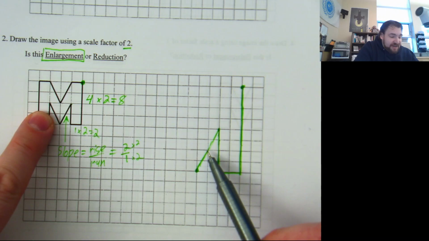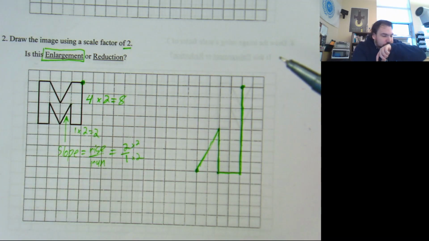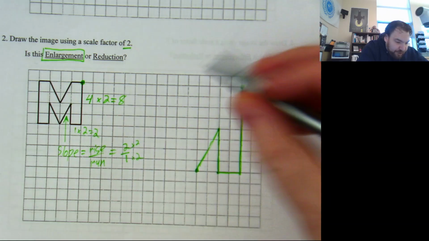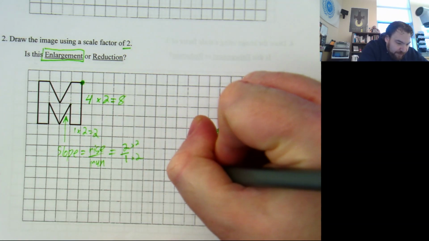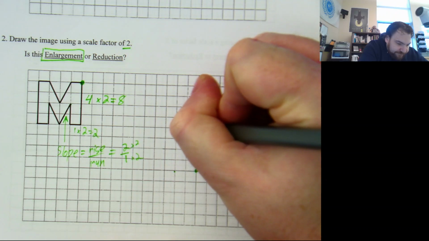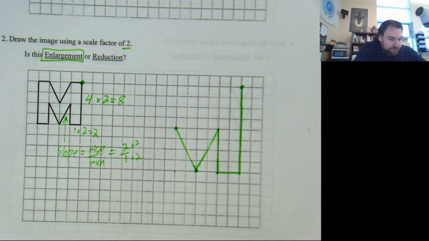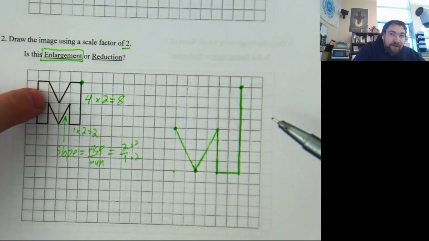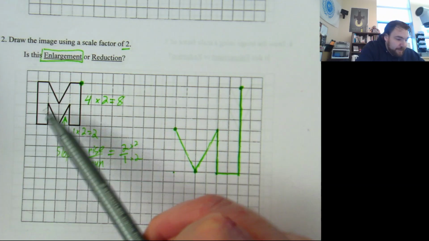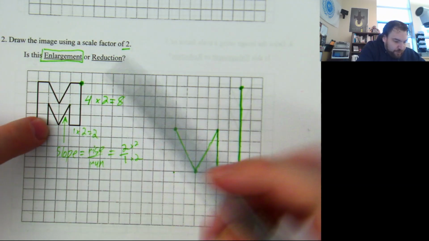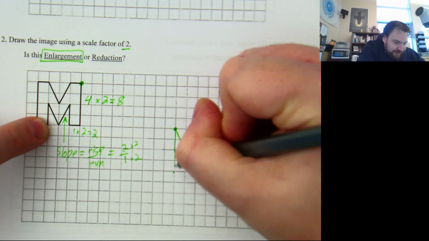This diagonal does the same thing, it just does it the other way. So instead of going over 1 and up 2, we're going to go over 2 and we're going to go up 1, 2, 3, 4. And now we're right here. So instead of going down 2, we're going to go down 4 in our scale diagram.